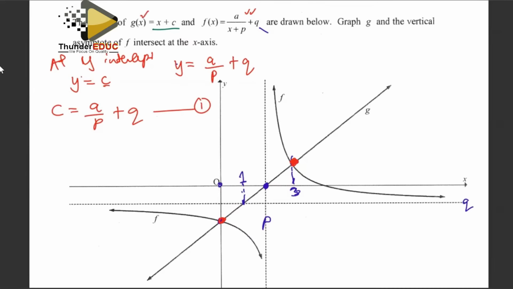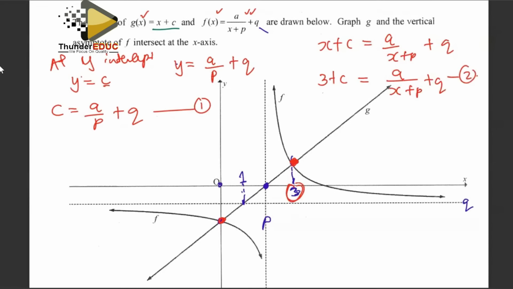So if I originally equate the two, meaning that x plus c is the same as a over x plus p plus q. But our x is 3 here. In this case, the x was 0. That's why we were left with this. So if x is 3, we're going to end up having 3 plus c is equal to a over x plus p plus q. We can call this equation number 2.